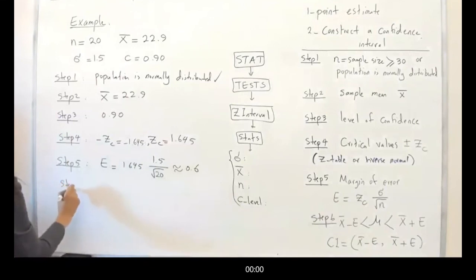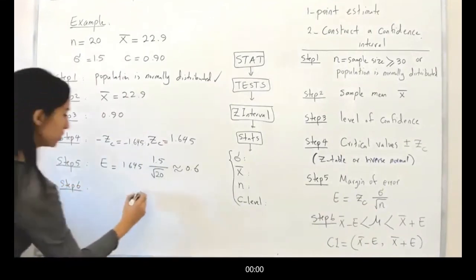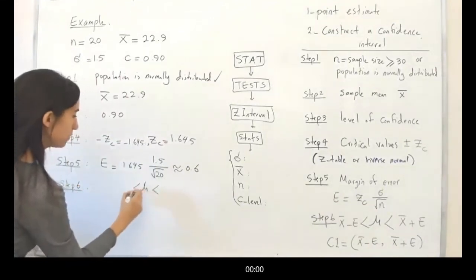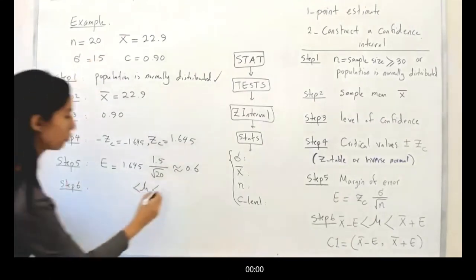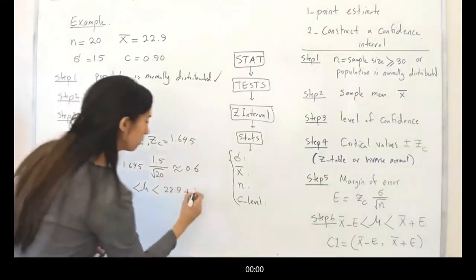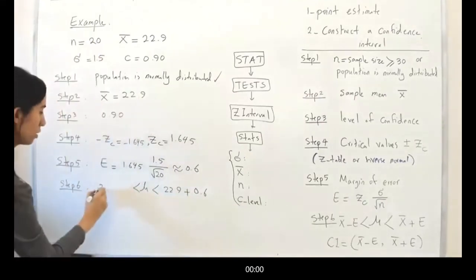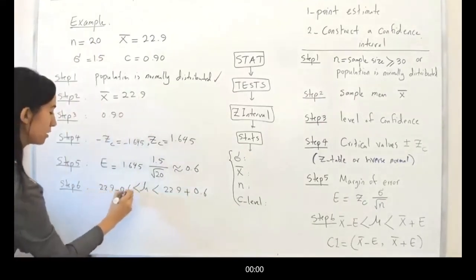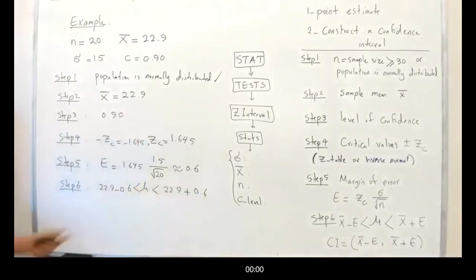This is our last step, step 6. So mu is in between x bar 22.9 plus margin of error 0.6 and 22.9 minus margin of error, which is 0.6. Very well.